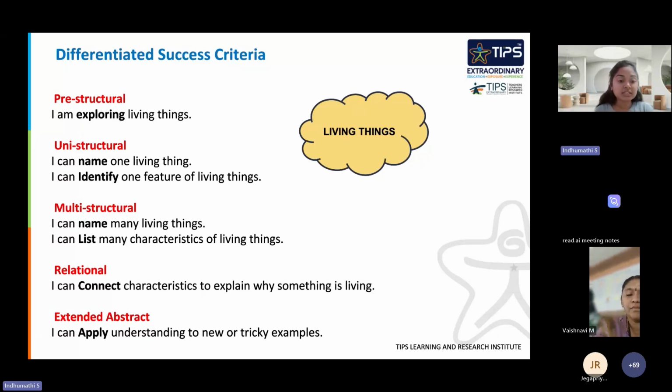We know that children in our early years classroom think differently. This differentiated success criteria allows all the children to participate in the activity, and also the children can experience success at the different levels.